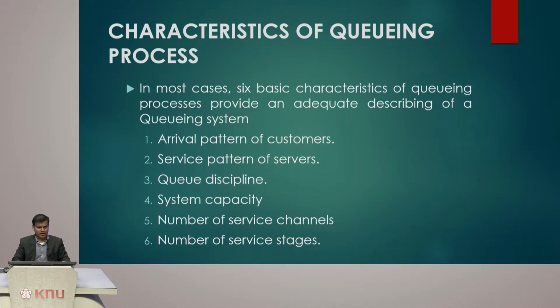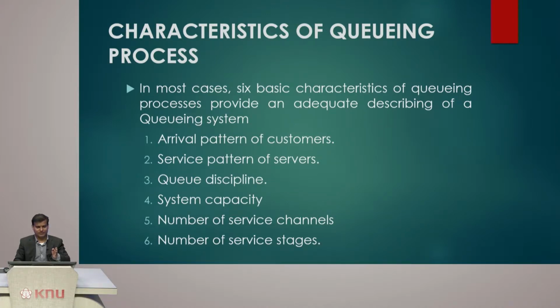The first point is the arrival pattern of customers. So we want to know what is the arrival pattern of the customers as they come into the system. Then comes the service pattern of customers, how they are served. And the queue discipline, which we talked about, is the system in which the first person who comes in gets served first.